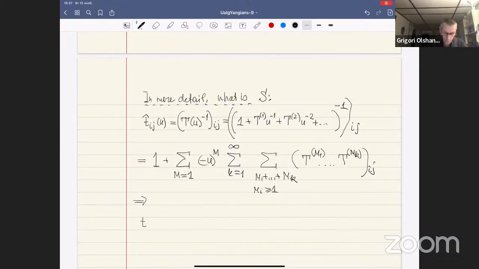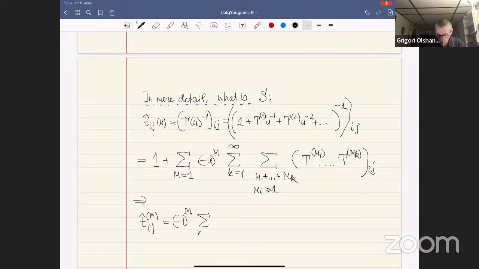So now we have the following. Extracting the coefficient, the image of a generator with the prescribed upper index M, it gives us the following expressions with plus minus sign. Now this summation disappears, M is fixed now.